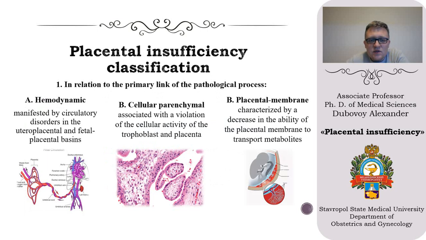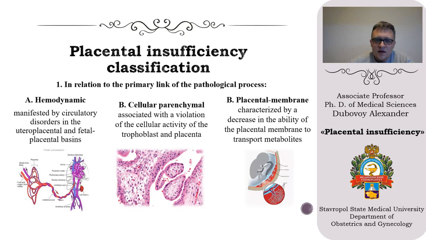There are several types of classification. Firstly, we can talk about classification depending on the initial link or primary link of the pathological process. There are hemodynamic, cellular-parenchymal, and placental membrane placental insufficiency. Hemodynamic placental insufficiency is manifested by circulatory disorders in the uteroplacental and fetoplacental basins. Cellular-parenchymal is associated with the violation of the cellular activity of the trophoblast and placenta.